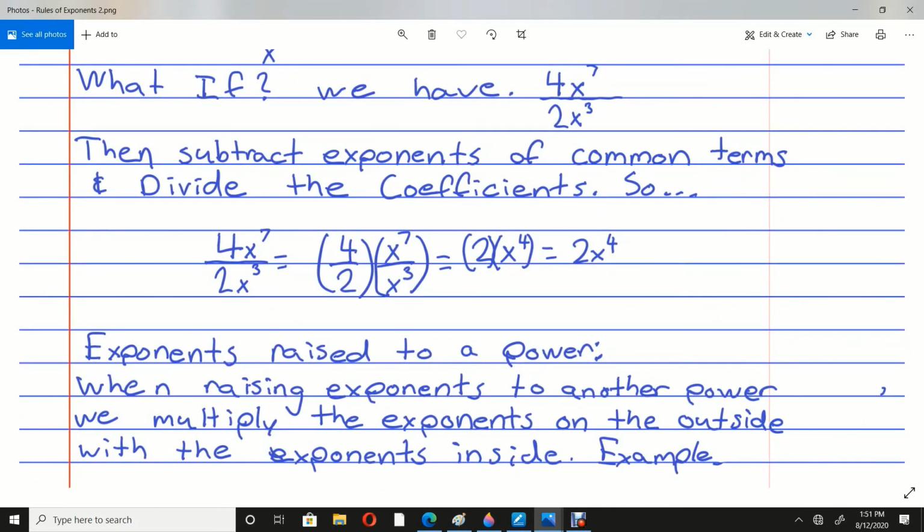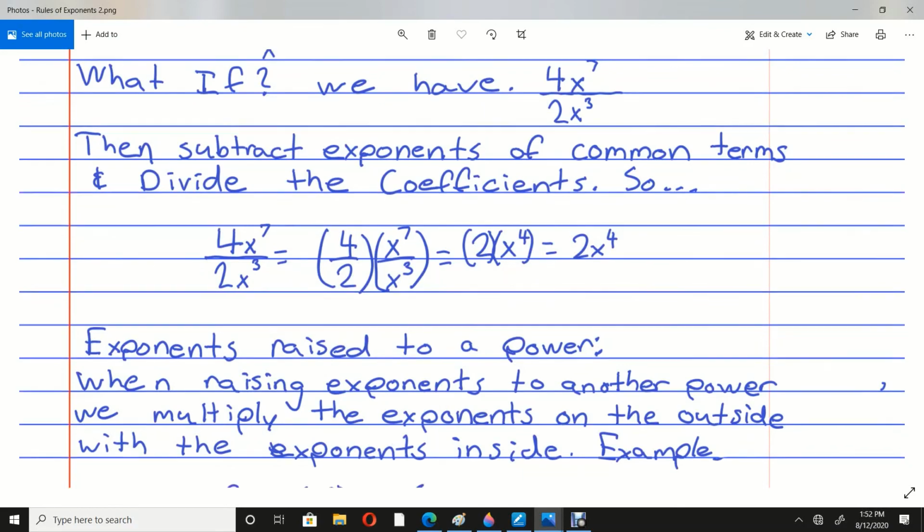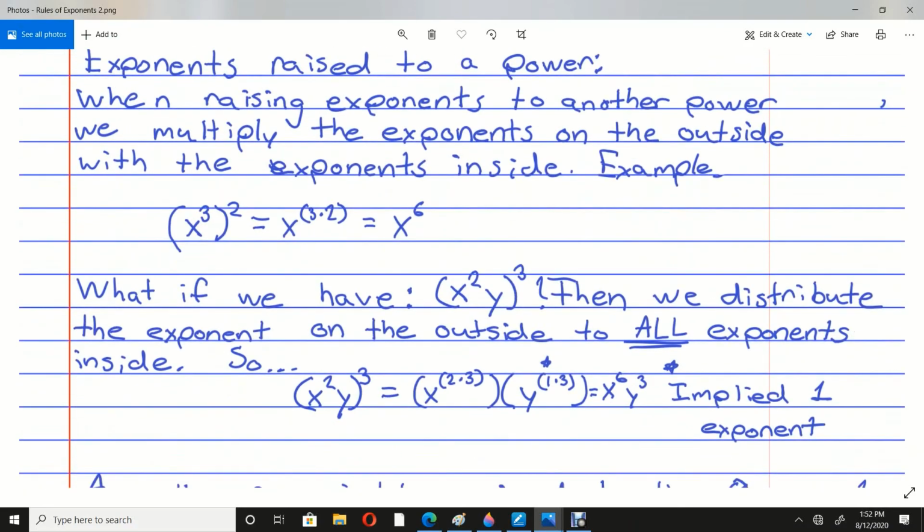So just like when we multiplied the numerals together, like the numbers, here we have the numbers again, and we're just going to divide the numbers. 4 divided by 2 is 2, so we're left with a numeral of 2, and x to the 4th, because 7 minus 3, so we have 2x to the 4th. Hope that was perfectly confusing.